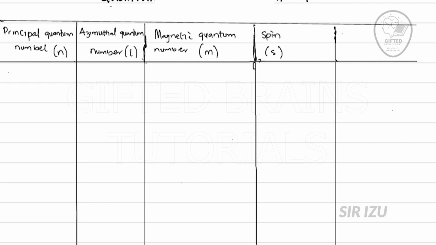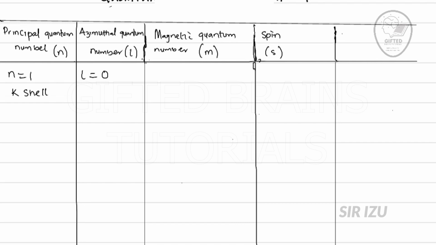If I say n equals 1, obviously I should be talking about the K shell. Now, what are the azimuthal quantum numbers, or what is the L value? The L value we have is L equals 0, because you remember that L takes values of 0 to n minus 1.